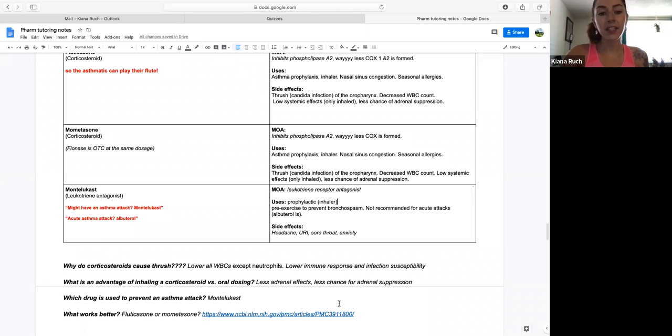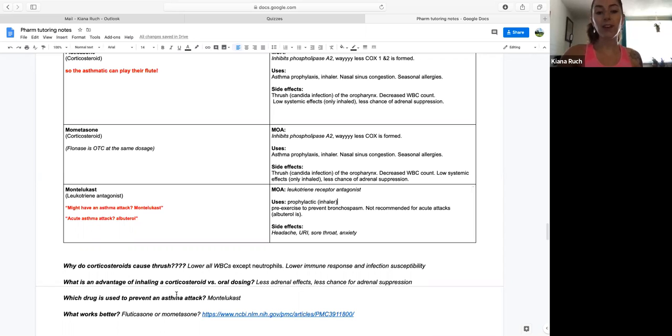What is an advantage of inhaling corticosteroids versus oral dosing? You're going to have less adrenal effects and less of a chance for adrenal suppression because you're getting that drug directly to the site of action in the lungs, the upper respiratory tract when you use an inhaler, and that's good. It would be bad if we always had to take a pill for a corticosteroid, and eventually our adrenals would get suppressed, and that is not good either.